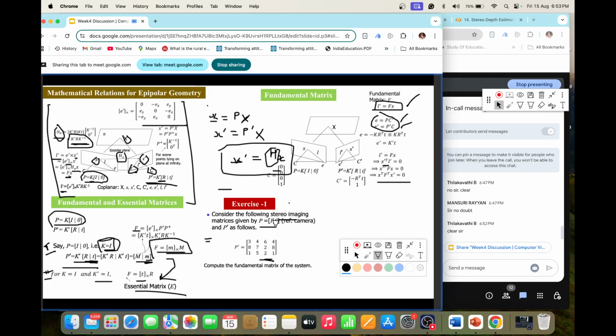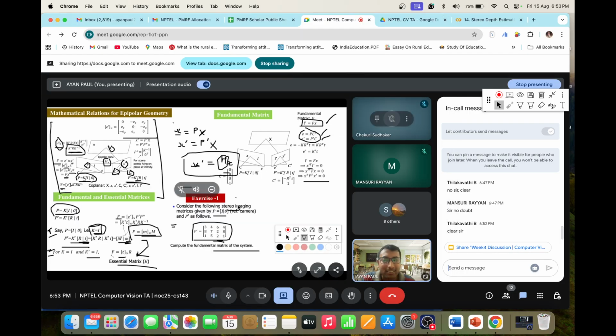P is given, that is [I|0], and P' is given by this. Compute the fundamental matrix. So can anyone tell which case this will be? First case or second case? Case 1 or case 2? Can anyone answer?